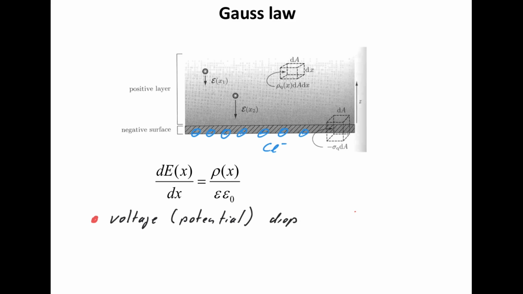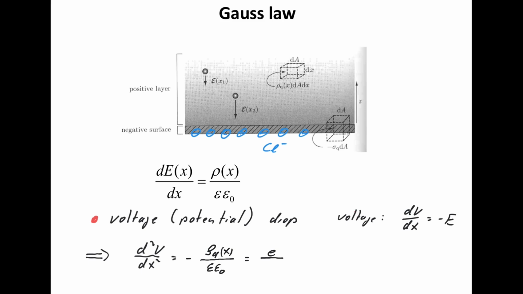Since we know that the electric field is nothing else than the gradient of the voltage, we rewrite Gauss' law in terms of the voltage, leading to the second derivative of the voltage with respect to space being equal to minus rho, the concentration of ions, divided by epsilon epsilon 0, which is equal to the electric charge e divided by epsilon epsilon 0 times the concentration difference between positive and negative charges, C plus and C minus, at position x.